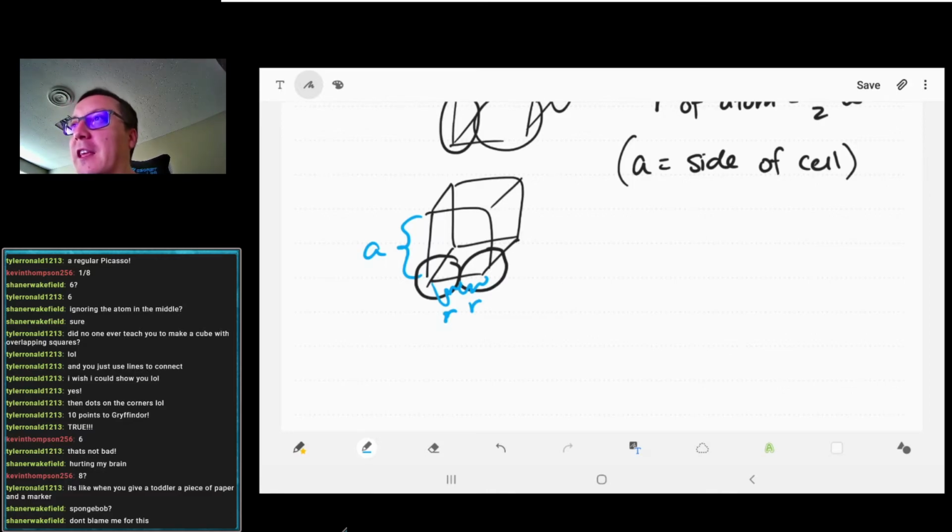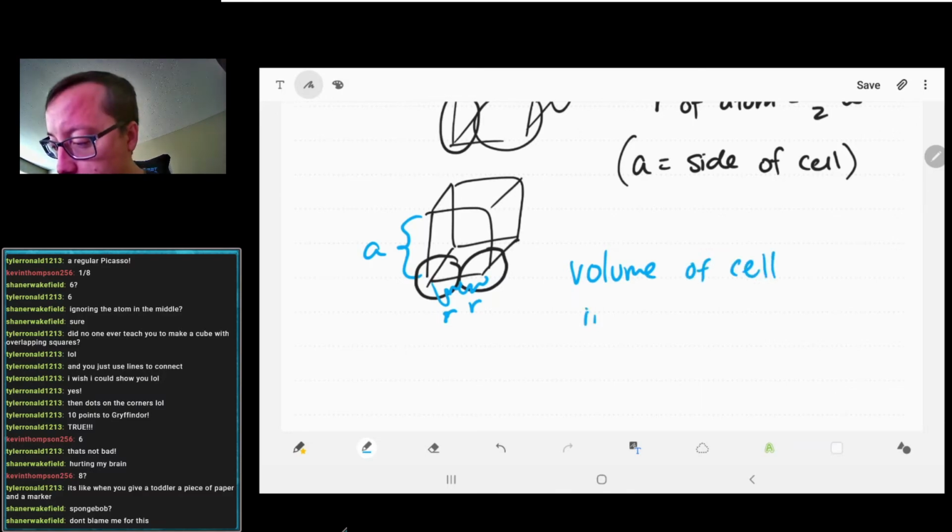So, if we want to think of the volume of the cell in terms of R, it's not too bad for this, right?